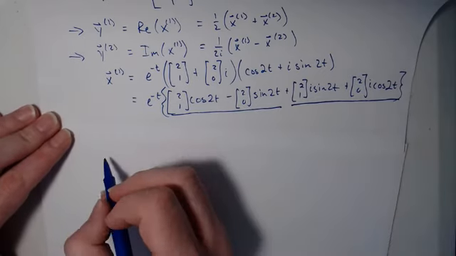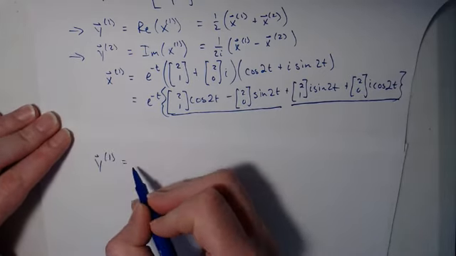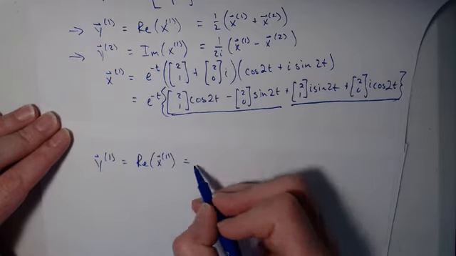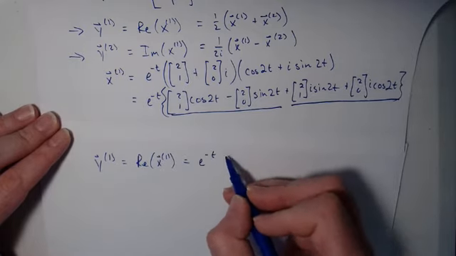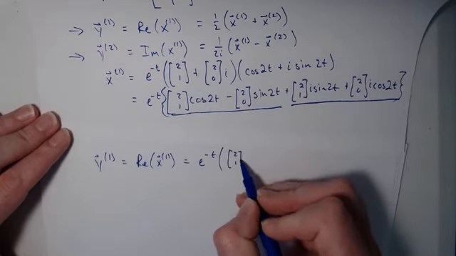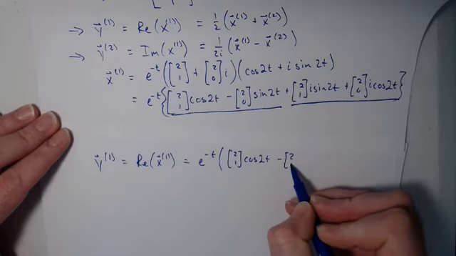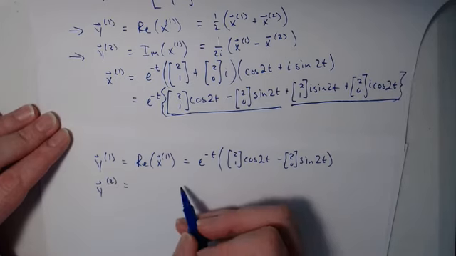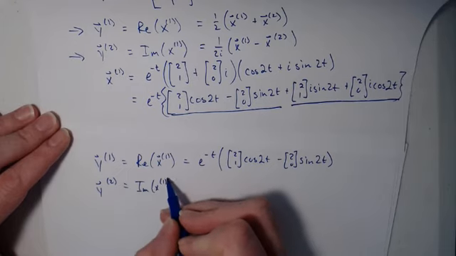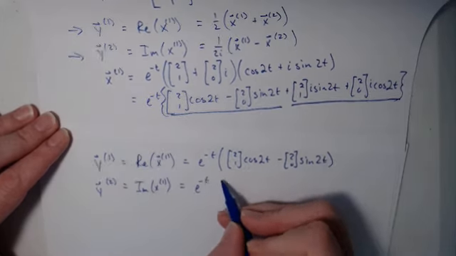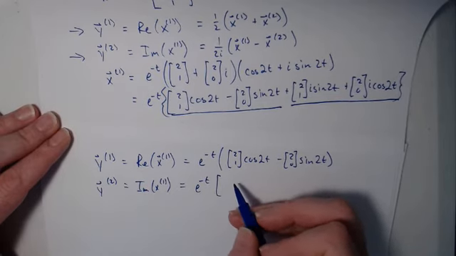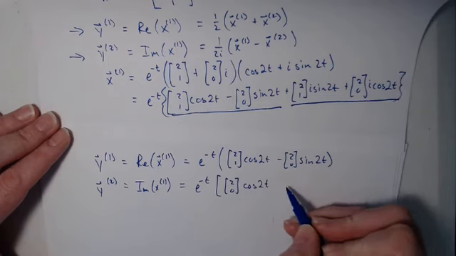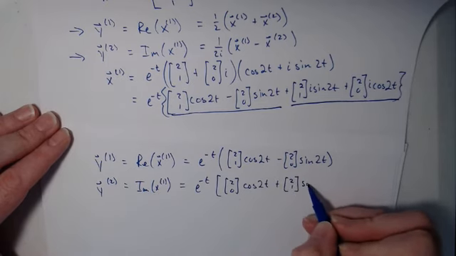I called that y1. y1 is going to be the real part of x1, which is e to the minus t times 2, 1 cosine 2t minus 2, 0 sine 2t, and y2 is the imaginary part of x1, which is e to the minus t times 2, 0 cosine 2t plus 2, 1 sine 2t.